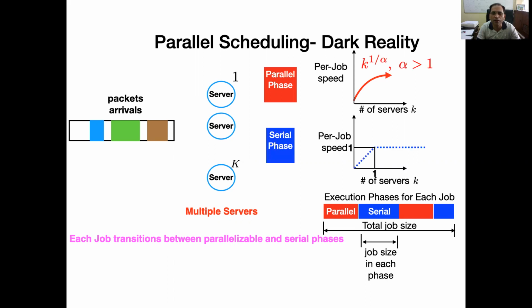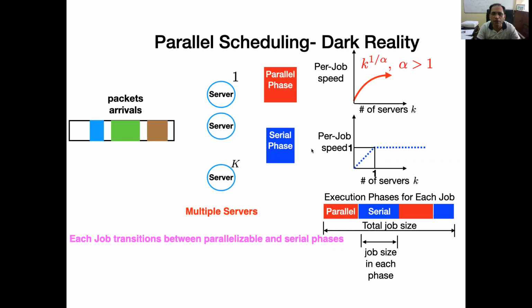While in the serial phase, irrespective of how many servers are assigned, the maximum speed a job can get is at most 1. So this is the region of interest where at most unit speed can be given to a particular server, or you can equally think of it as one job being served in at most one server.